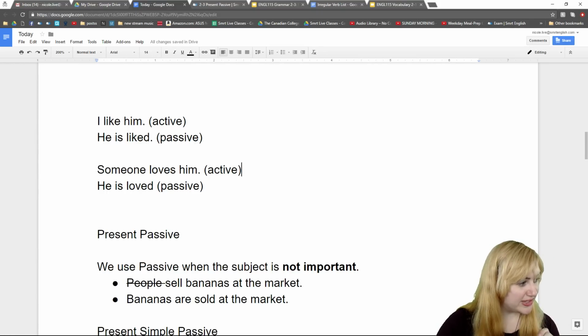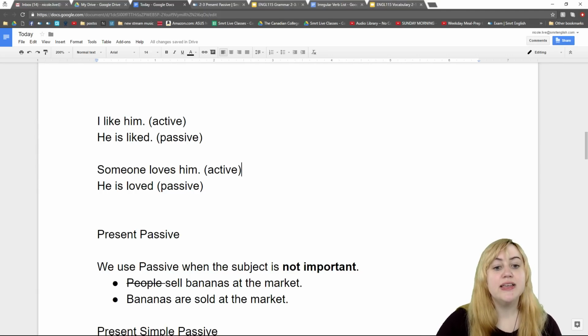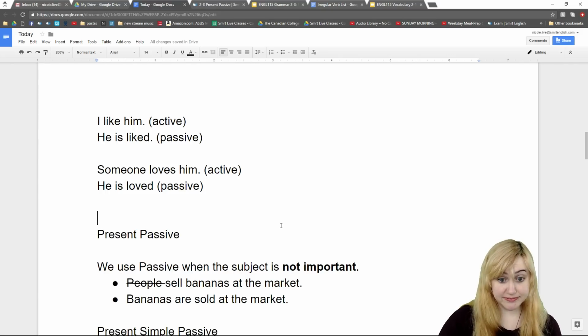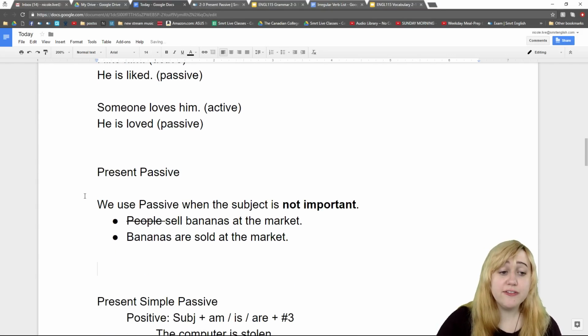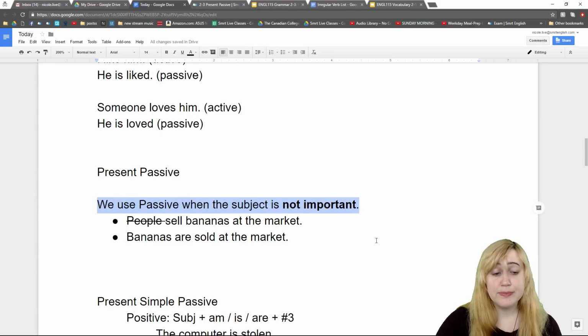Okay, and then Zara wants to know, about when do we use passive? So really, there's two main reasons that we use passive. The first reason, we use passive when the subject is not important.